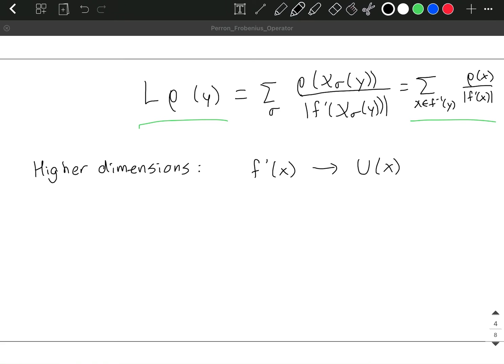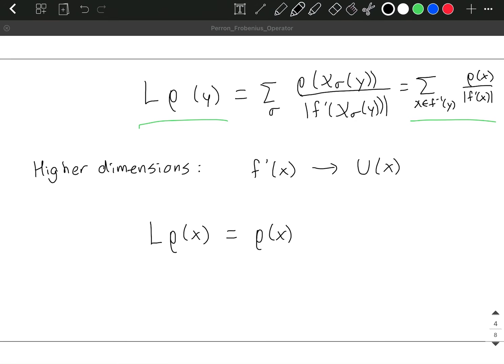Now, the fixed points of the linear operator L are quite important, and these fixed points are different than the fixed points of the map itself in phase space. These fixed points are in the function space, and they are entire fixed point functions. And they can be written as the operator acting on the probability density rho of x is equal to rho of x.